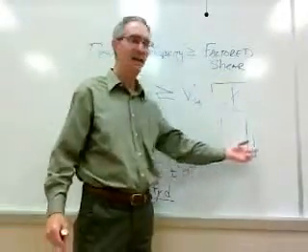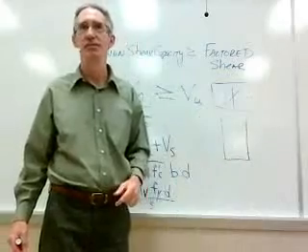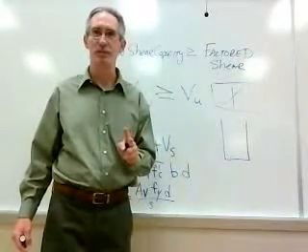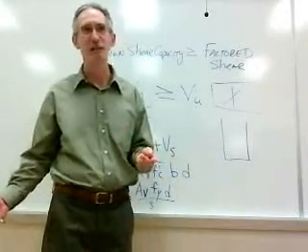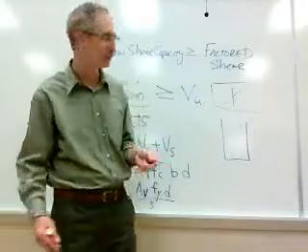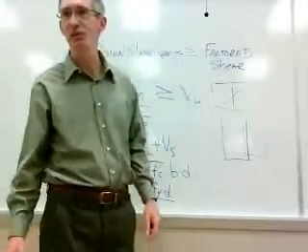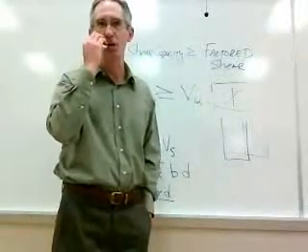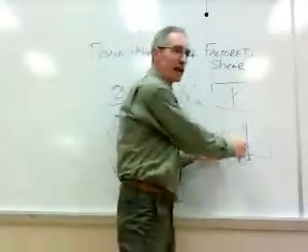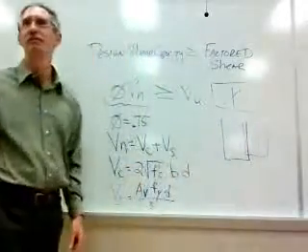Now, how many legs do you have? Typically 2. There might be times when you have 4. On bigger beams, they might actually use a doubled stirrup, but most of the times 2. So if you got 2 legs, what do you think A_v is?